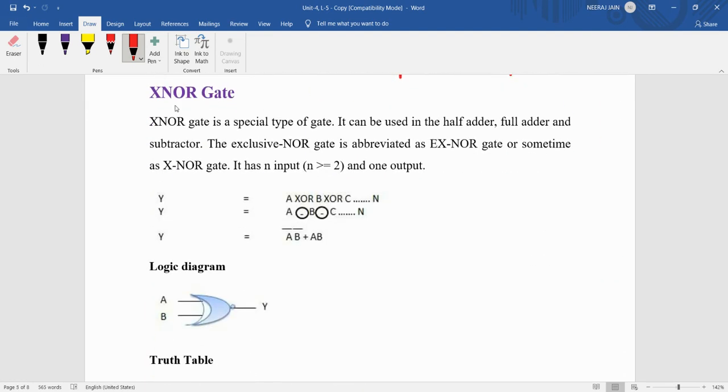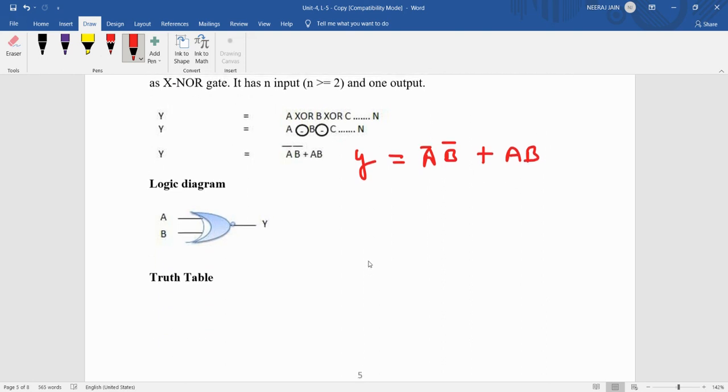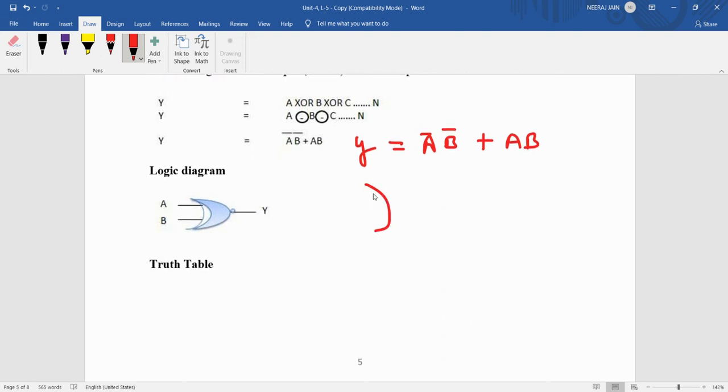Now the XNOR gate. In case of the XNOR gate, the output Y is equal to A bar B bar plus AB, and the symbol of the XNOR gate will be like the XOR gate with a NOT gate also added.